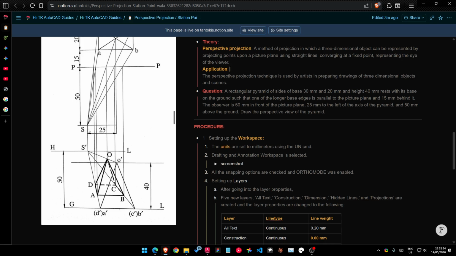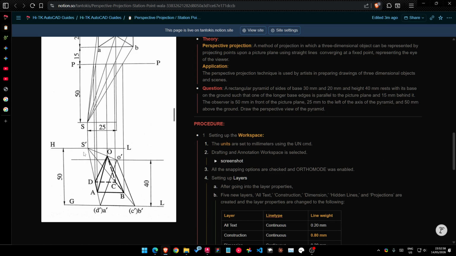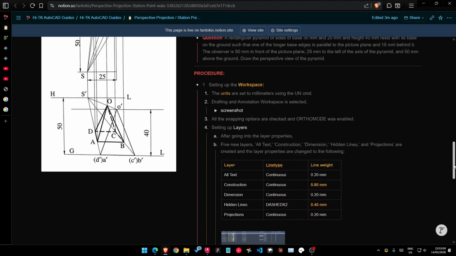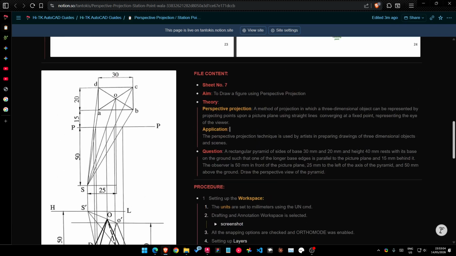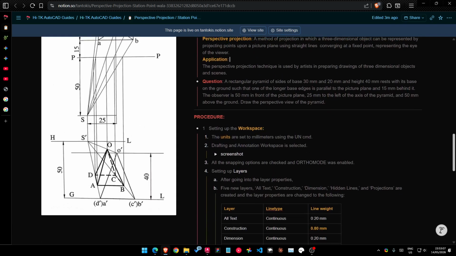We chose 20 mm, by the way. It doesn't matter really, you can use any length for that. After we have S, we just drew this line and then went 10 mm below.